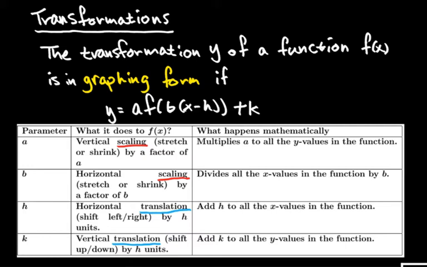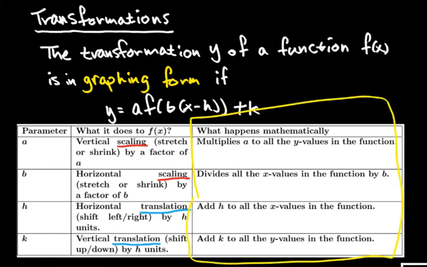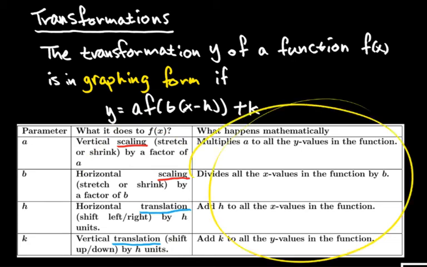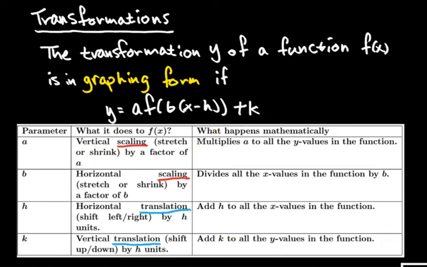So if you want to know what all of these things do, you can also look over here. This is what it mathematically means. So, intuitive, mathematical. So if you were to get all the points for a graph, that's what you would get.